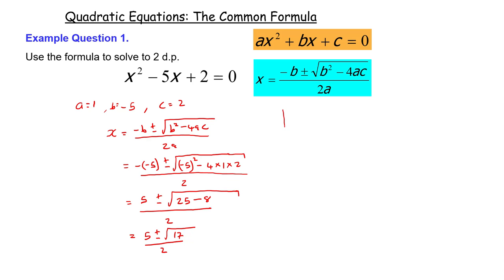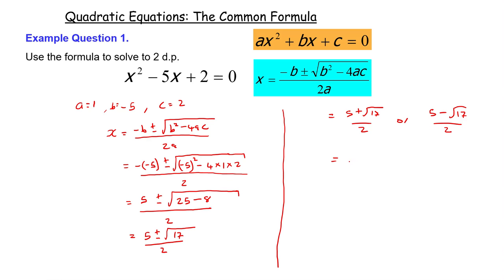I'm just going to carry on this side of the page here. So that's going to be equal to either 5 plus the square root of 17 divided by 2, or 5 minus the square root of 17 divided by 2. Okay, we've got a plus and minus, so we separated them out, and that's going to give us 2 answers. Where it's plus, I want you to plug those into your calculators now, and I want to make sure you can get the same answers as me.